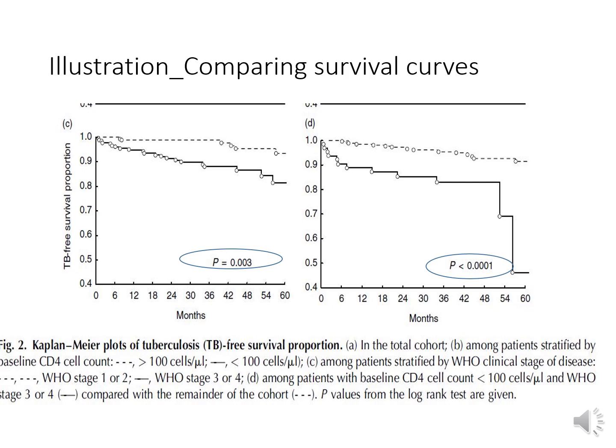On the figure to the right, we are comparing patients. One group, the dotted group, is the people who are stage 1 or stage 2 or have a high CD4 cell count, while the second group is the more serious group, with CD4 cell count less than 100 and advanced stages of the disease. You see that the survival here is really worse. But if we want to see whether this is statistically significant, we do a log-rank test.